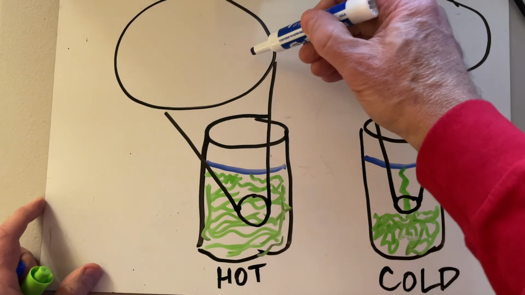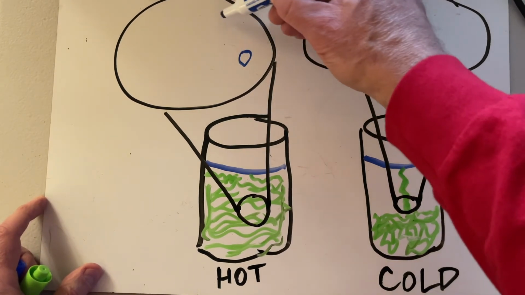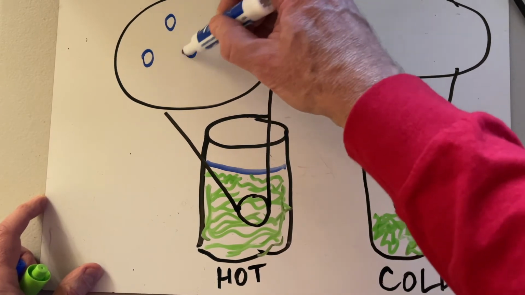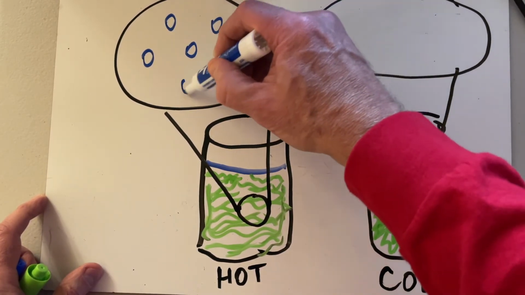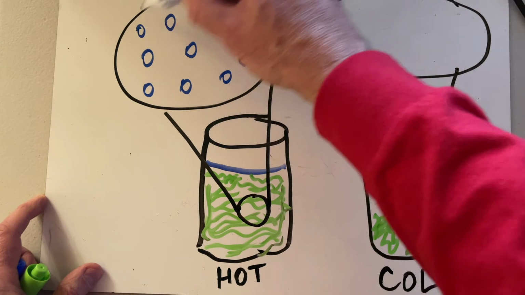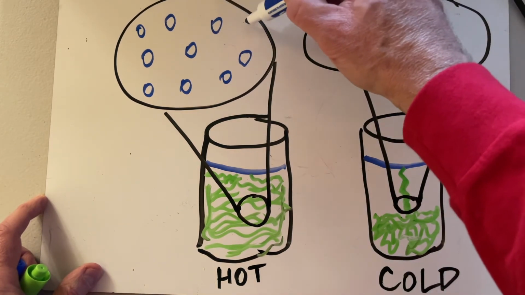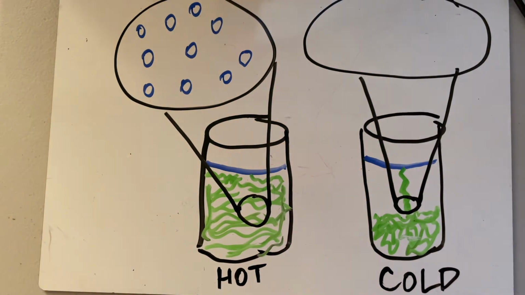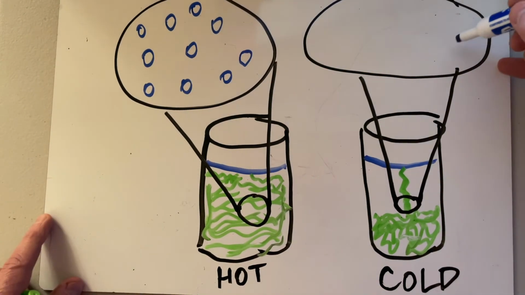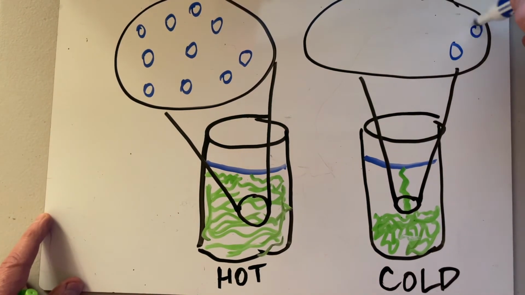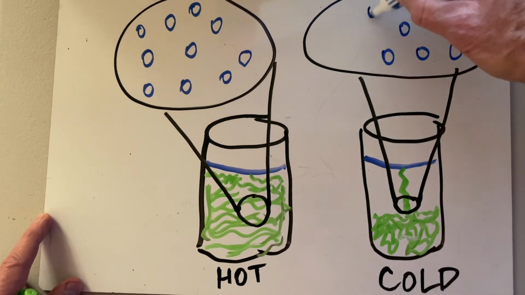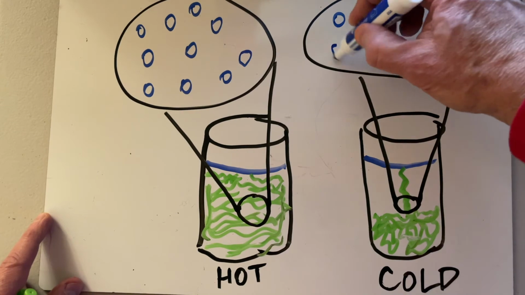So I'm going to put 10 water molecules in here, randomly scattered. 5, 6, 7, 8, 9, and 10. 10 water molecules, and I'll have 10 water molecules over here as well. 2, 3, 4, 5, 6, 7, 8, 9, 10.